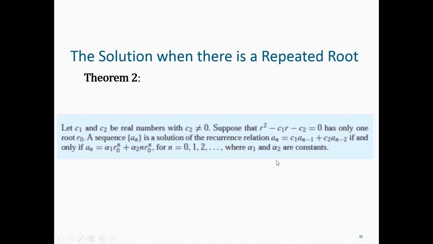Okay, so this is the reason for C2 not equal to 0. Okay, so let's apply this theorem. So we just have to remember these formulas. We are not going to prove this, and as I told you earlier, it is quite similar to the construction of solutions of differential equations which are linear, have constant coefficients, and are homogeneous as well.